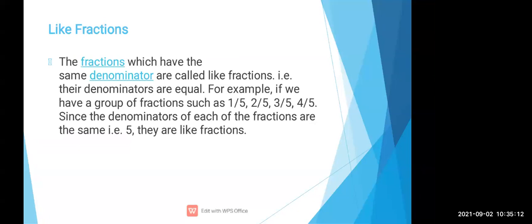And write the spelling properly. Don't write wrong spelling. So that only you will learn. Denominator, then fraction, that spelling you have to write properly in your notebook. Last 15 seconds are remaining for the first slide.